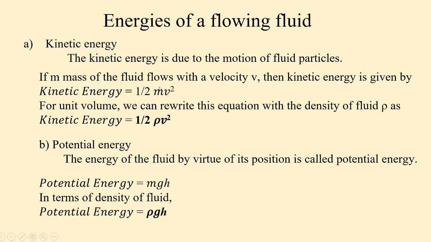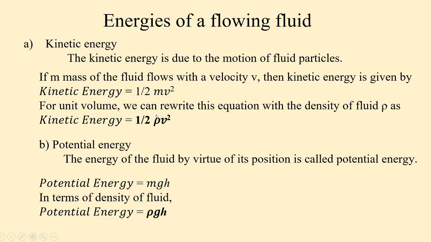If m is the mass of the fluid flowing with velocity v, then kinetic energy is given by half m v square. In terms of density, suppose rho is the density of the fluid, then we can express kinetic energy as half rho v square.